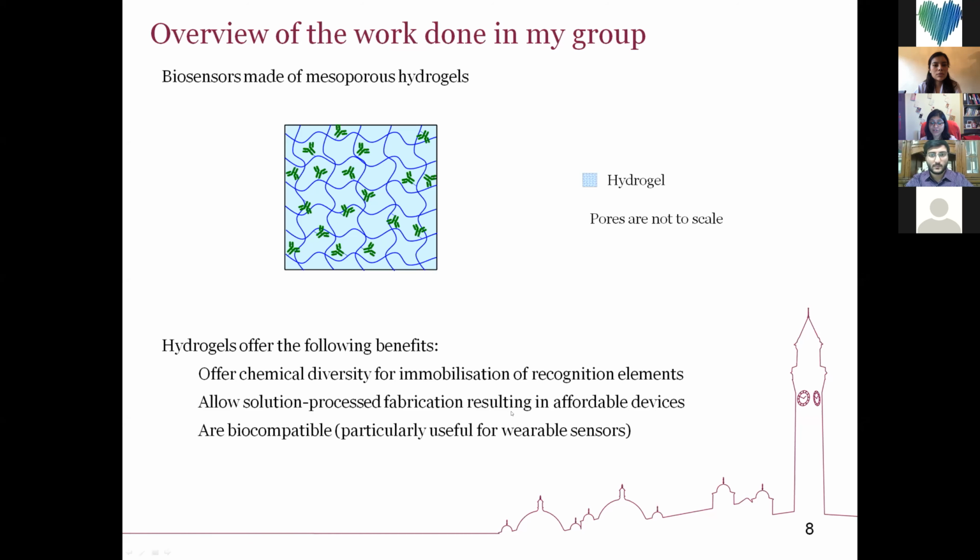Also, with hydrogels, we can use completely solution processed methods to make these sensors, which increases their affordability, which is necessary for mass production. And finally, many of these hydrogels are biocompatible. And this is particularly useful for wearable sensors.